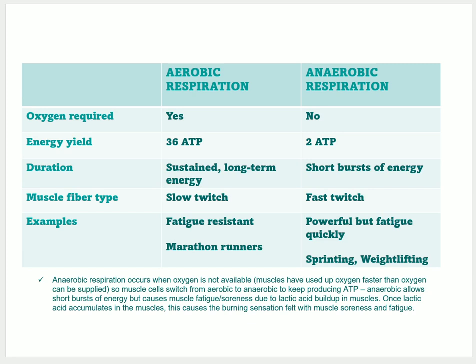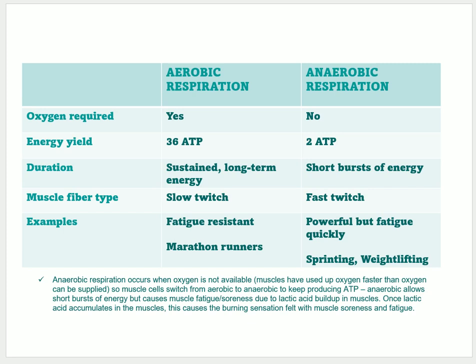So I'll just read through this. Anaerobic respiration occurs when oxygen is not available. So our muscles have used up oxygen faster than what is being supplied. So our muscle cells then switch from aerobic to anaerobic so we can keep producing at least some ATP, right? So we can keep some energy sustained. Anaerobic allows for short bursts of energy, but it causes muscle fatigue and soreness due to lactic acid buildup in the muscles.